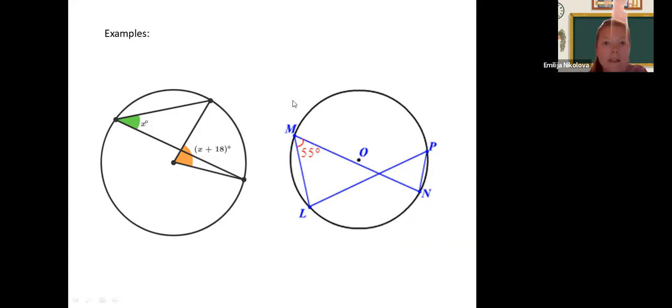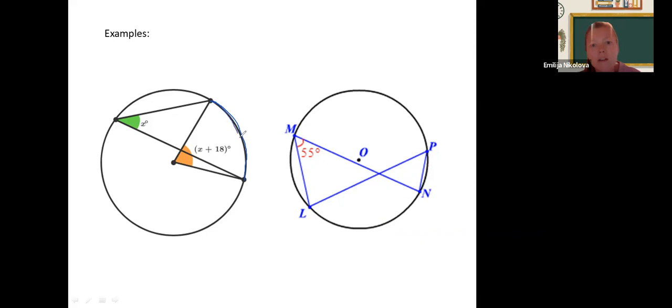Now we see that for the first one, for example, both have the same arc. And these are chords that are intersecting at this one point. So now, as we saw before, this angle is half of this central angle that is on the same arc.